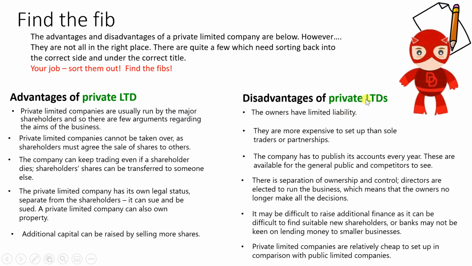And on the right column, you've got disadvantages of private limited companies. There are 6 bullet points to consider, and there's more than one imposter in that column. So you need to go through each of the bullet points and decide which is an advantage. And once you've found the advantages, I'll give you a clue, it's going to be more than one, which are on the wrong side, you slide them across to the other, so you've reorganised each of the columns.